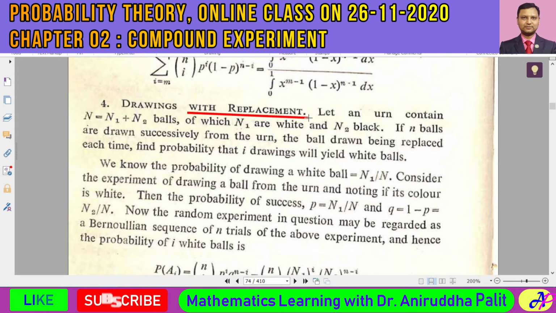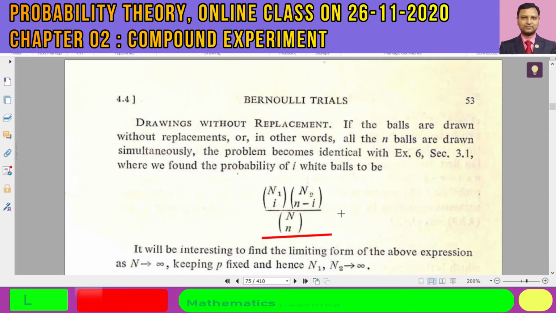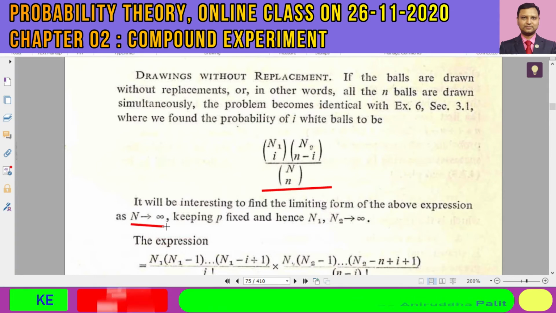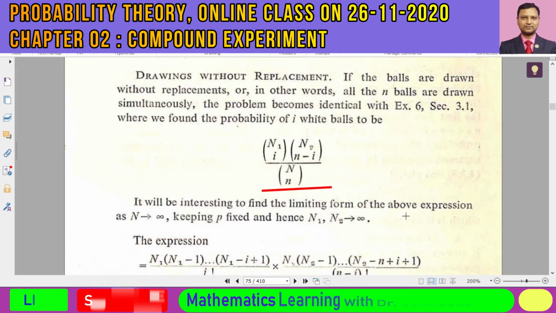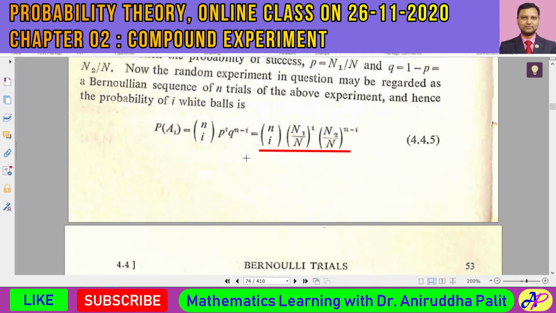Again, the formula used here for drawing without replacement, with this kind of convergence criteria, that is when n tends to infinity along with n1 and n2 tending to infinity, we are going to show that this formula approaches the previous formula.